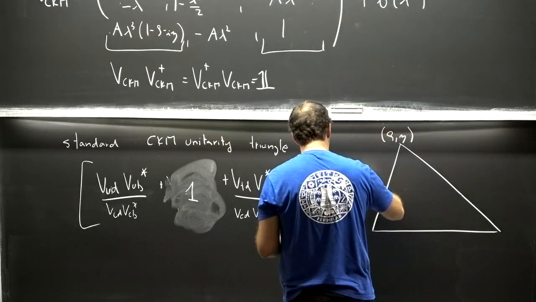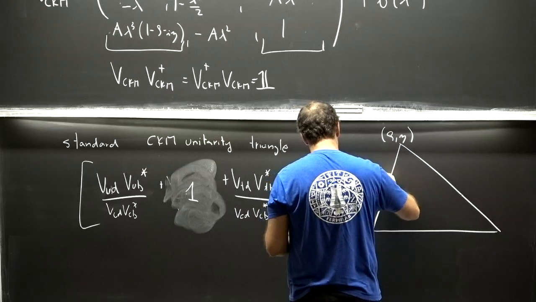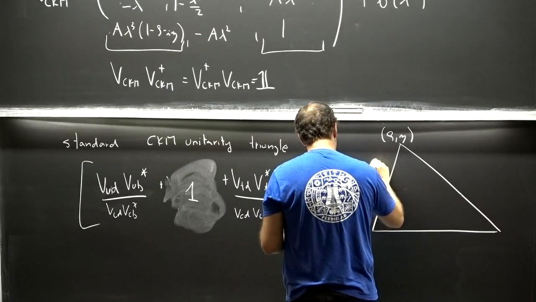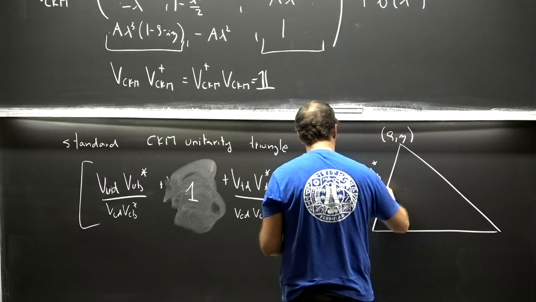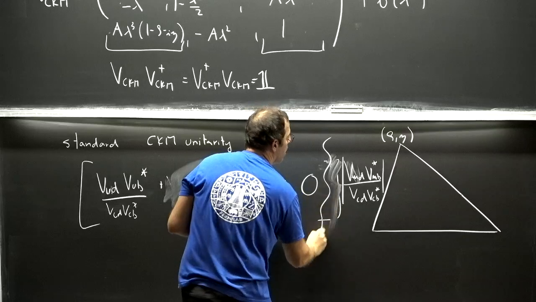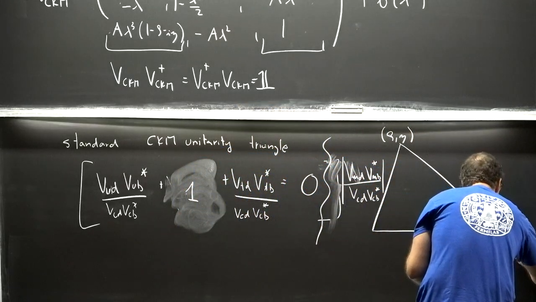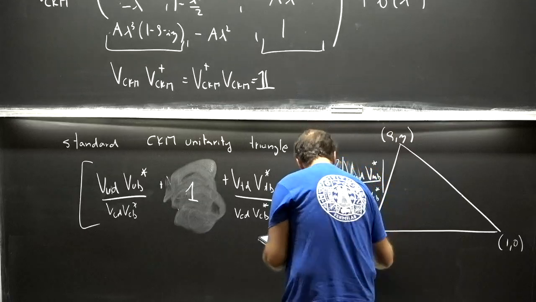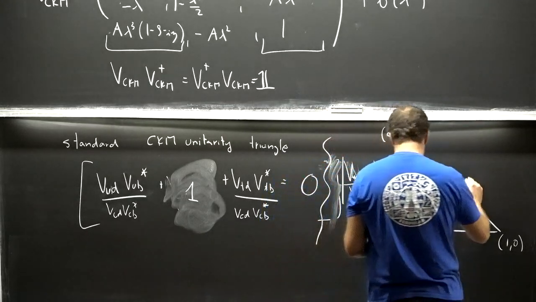This is VUD, VUB star over VCD, VCB, so that's this length. This is 1, 0, because we normalized it. You put this in the origin.